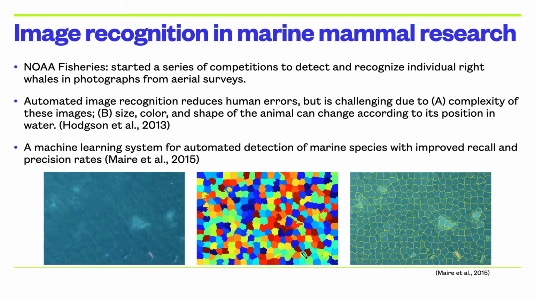One is the complexity of these images, and the animal's size, color, and shape will change depending on its position in water. So this poses some difficulties in using this method to find marine mammals. But later we have a machine learning system for automated detection with improved recall and precision rates.